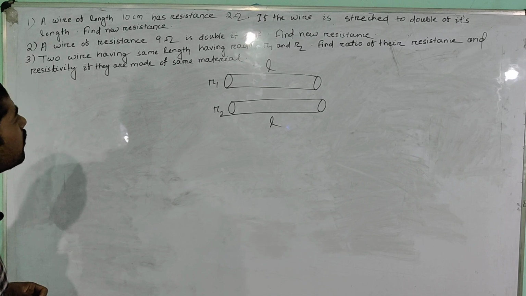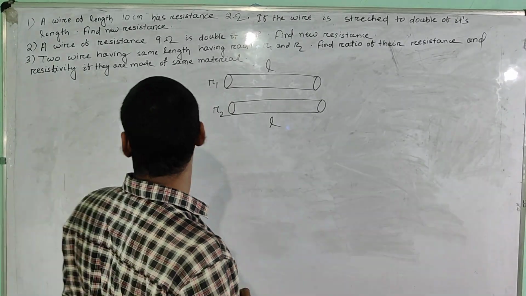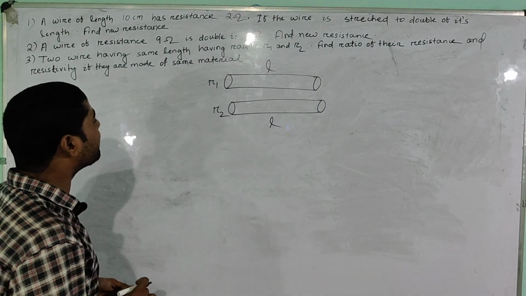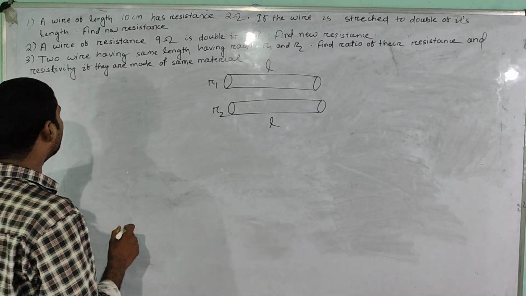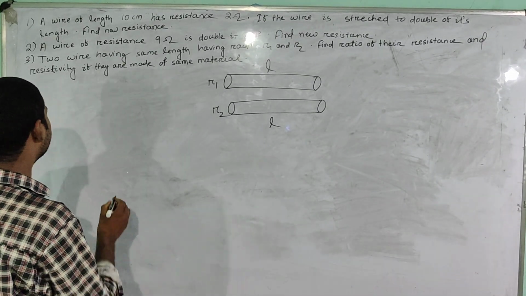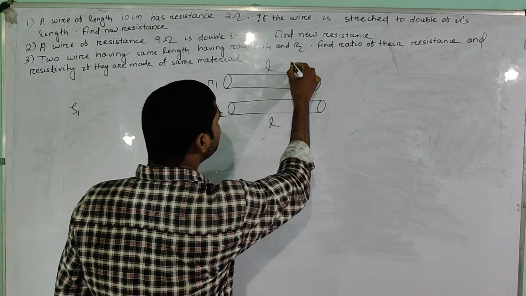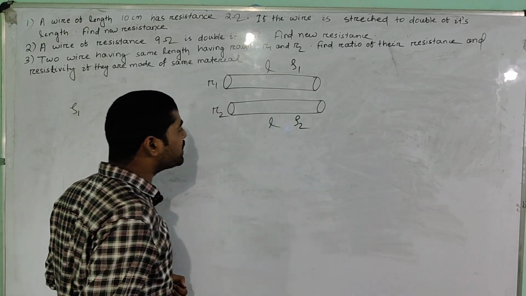So we have to find the ratio of resistance and resistivity. First we have to find out the ratio of resistivity. This is rho 1. Rho 1 is the resistivity for this case. Rho 2 is the resistivity in this case.